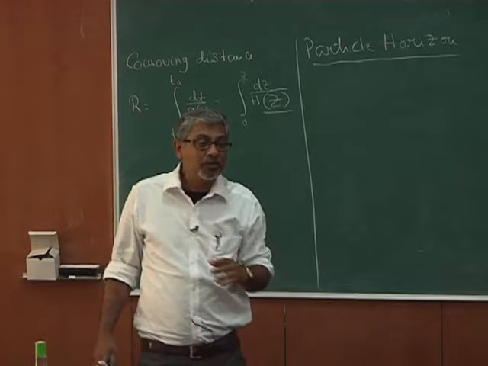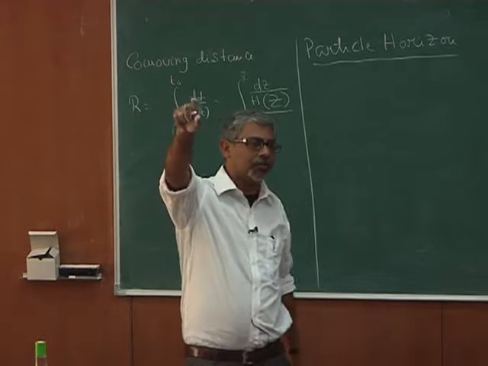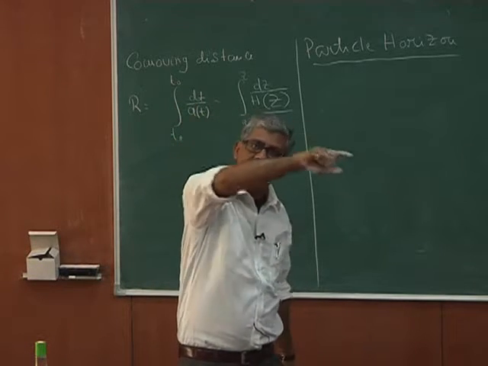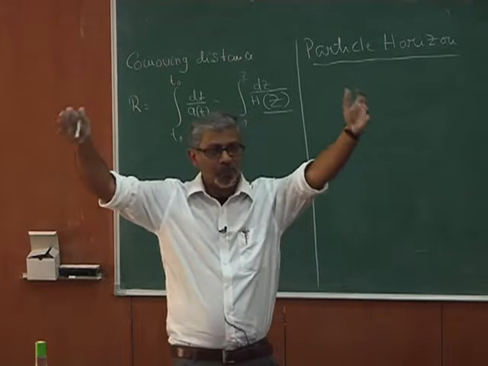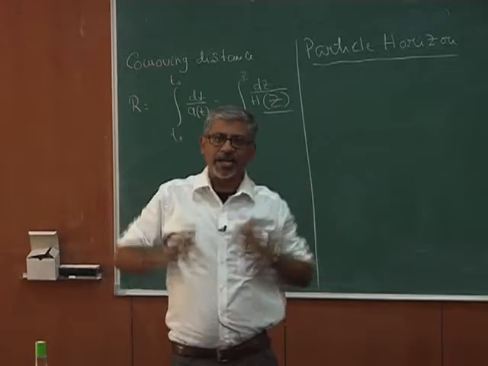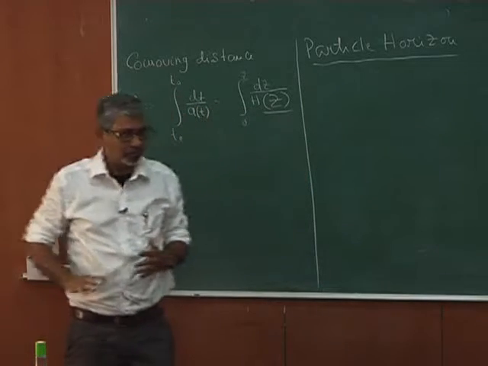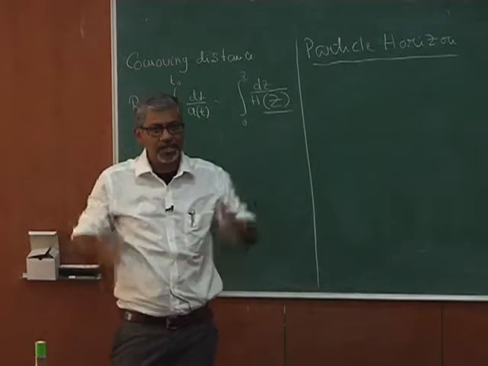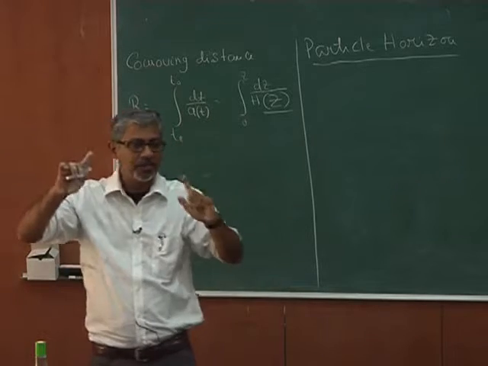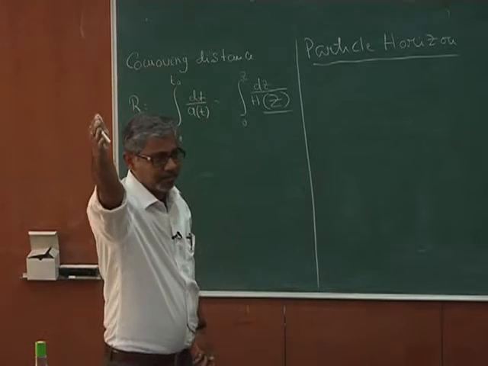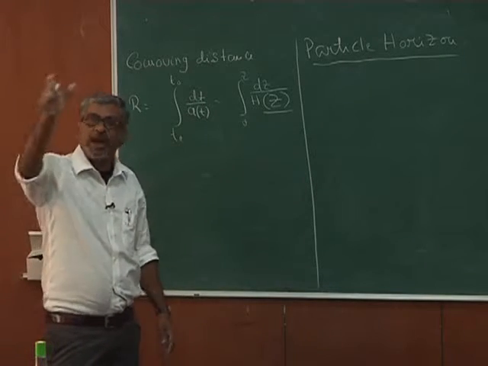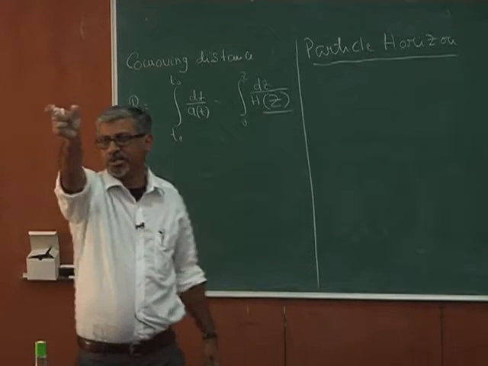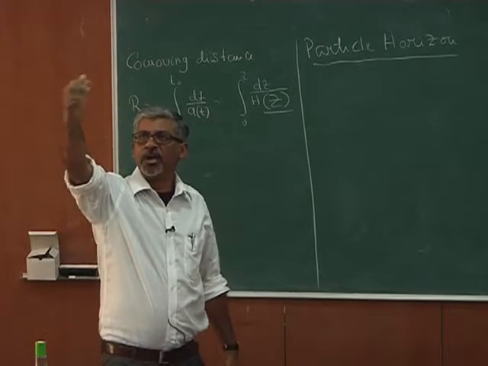Now we have to know whether from anywhere I can get the light from t equal to 0 until today, or whether there is a regime from which only I can get the light. Whether that regime is infinite, from where I can get light from t equal to 0 to t equal to t naught, or there is a finite region in the sky from where I can get the light.